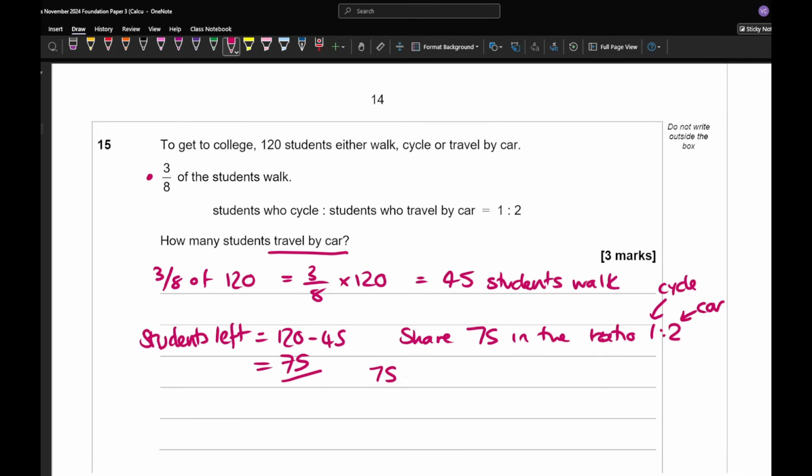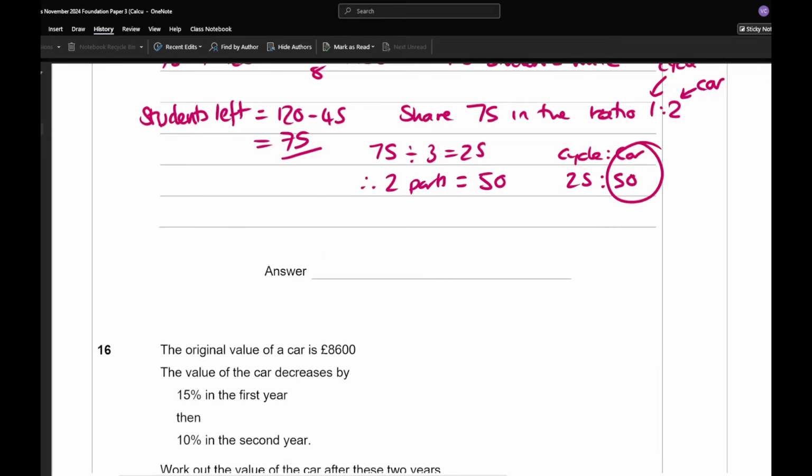So 75 divided by 3, because I've got 3 parts, gives me 25. So therefore 2 parts is going to equal 50. So the ratio of cycle to car is going to be 25 to 50, although that's not needed. The question is asking how many travel by car. So the answer then is 50.